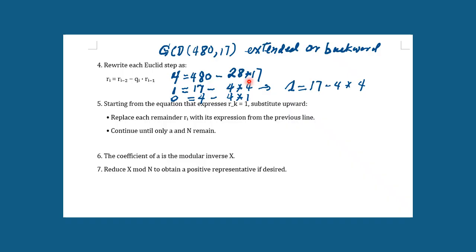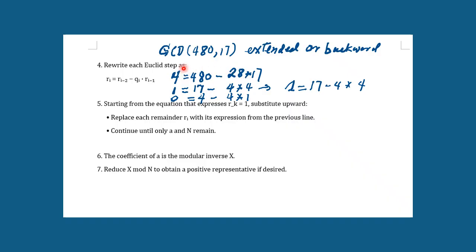The forward step is to go remainder into divisor and divisor into dividend and continue until you get 0. But then you reverse this backwards, you plug the remainder back into the divisor.